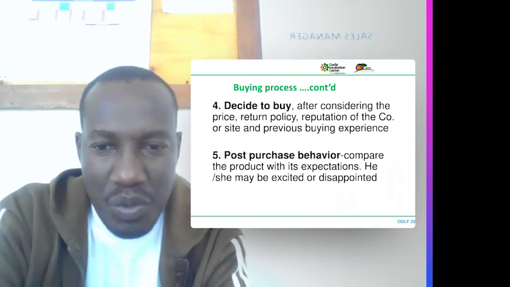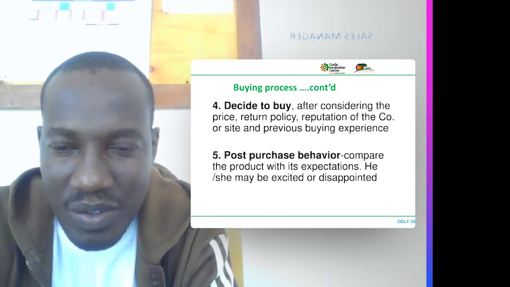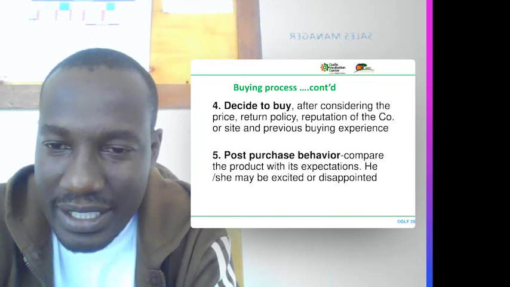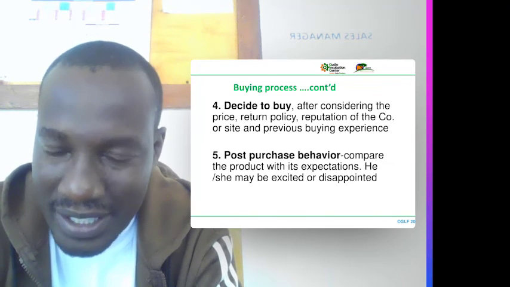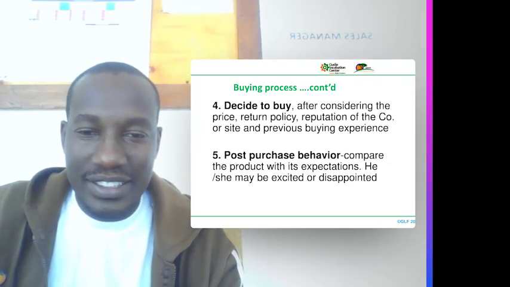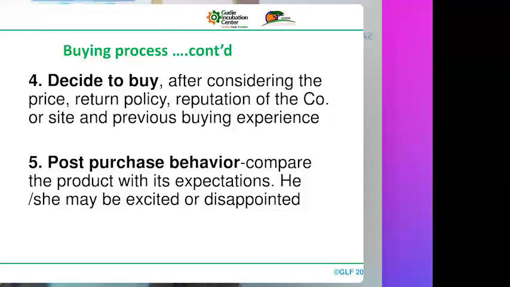So a customer, there's what he expects from a product and what the product offers. The moment the two don't tally, then the customer is frustrated. That's why it is important for you to assure the customer that he has bought the right product.